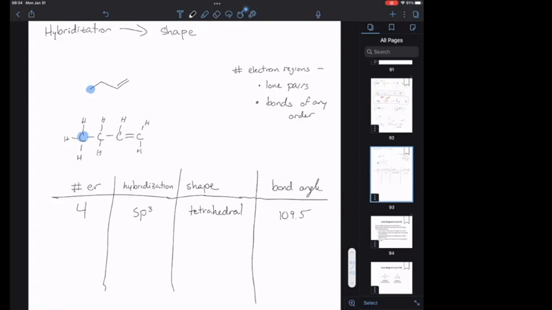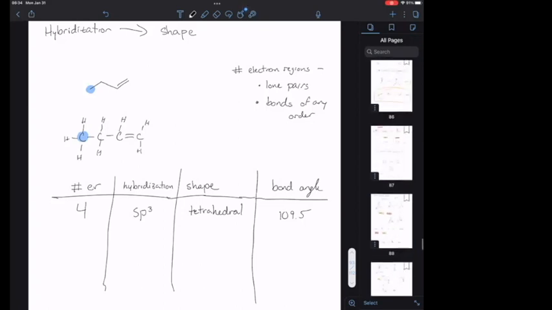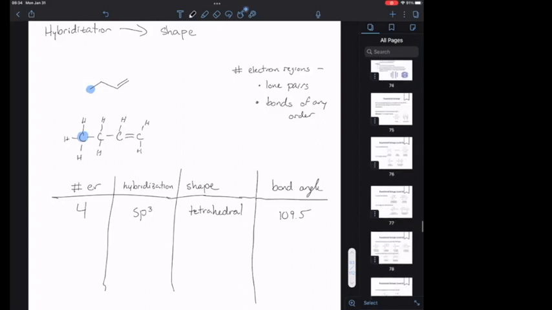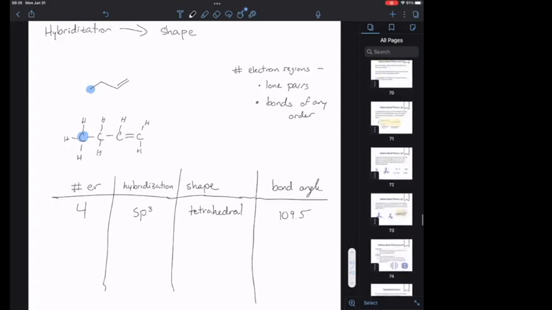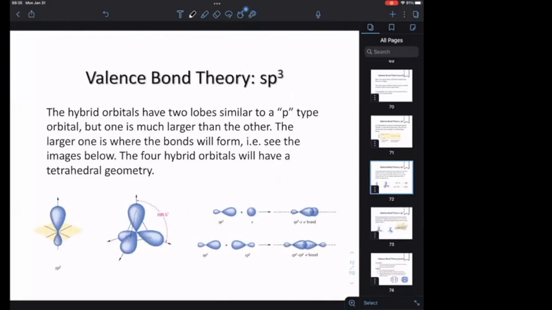This is like one of those VSEPR type of things. If you remember back to general chemistry, we only need to touch on it a little bit, but let me just illustrate.